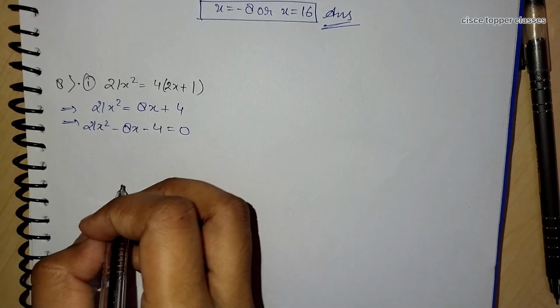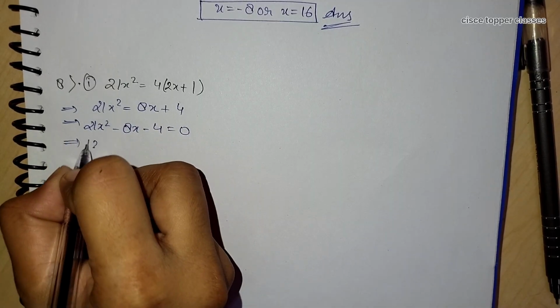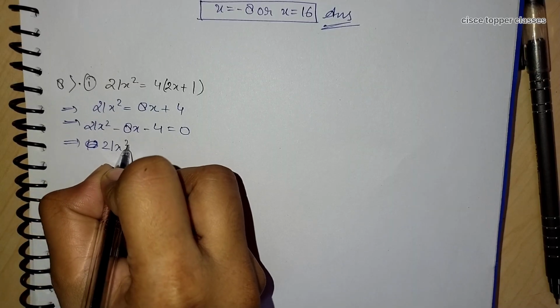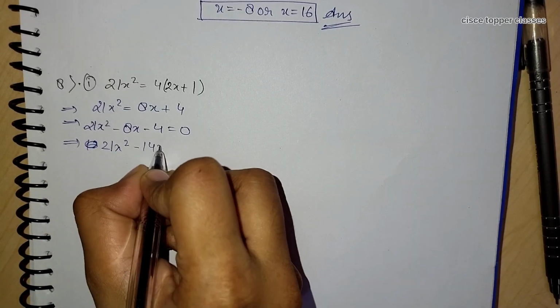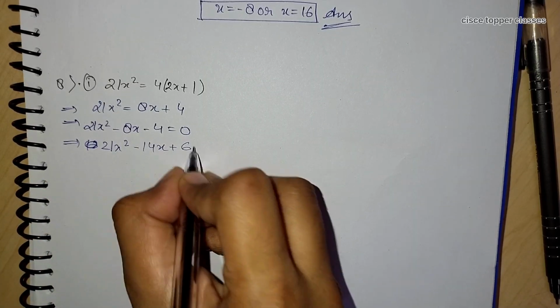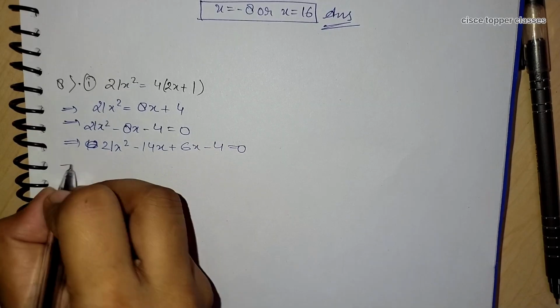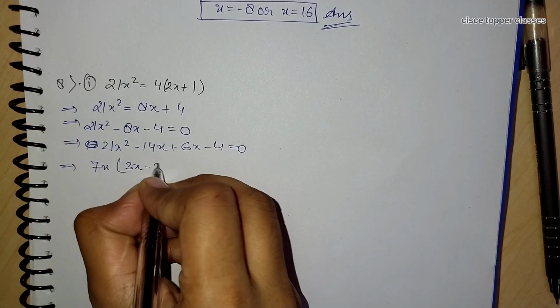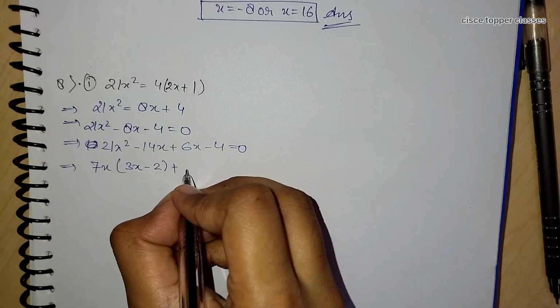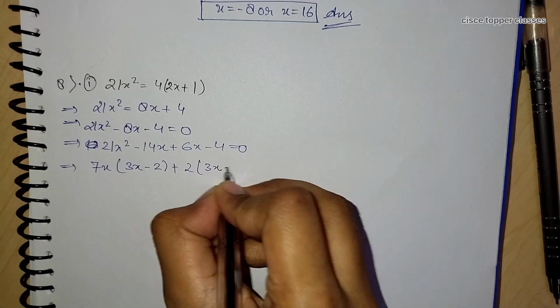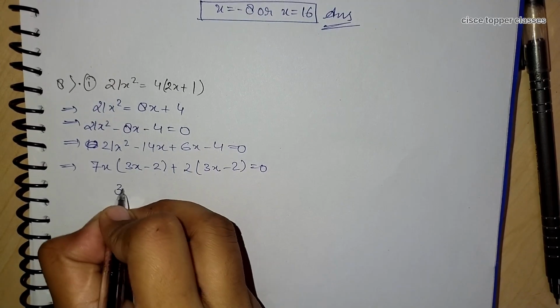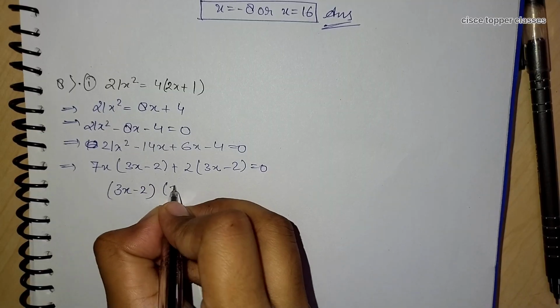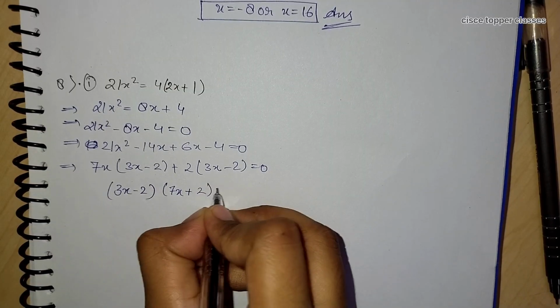So write it as 21x square minus 14x plus 6x minus 4 equal to 0. So taking 7x common, 3x minus 2 plus 2 as common, 3x minus 2. So from here 3x minus 2 and 7x plus 2 is equal to 0.